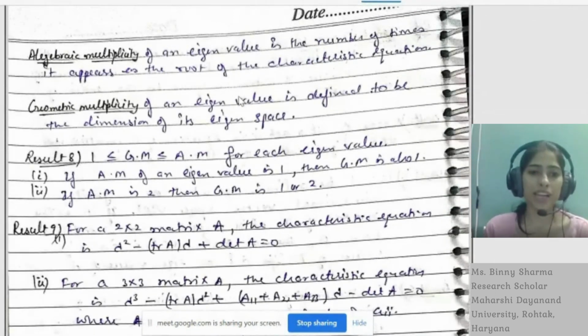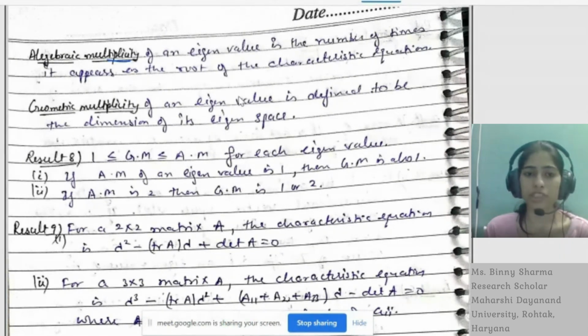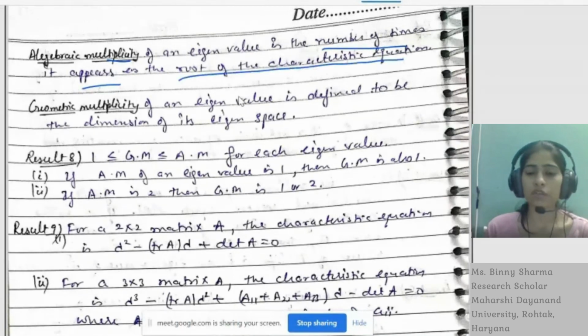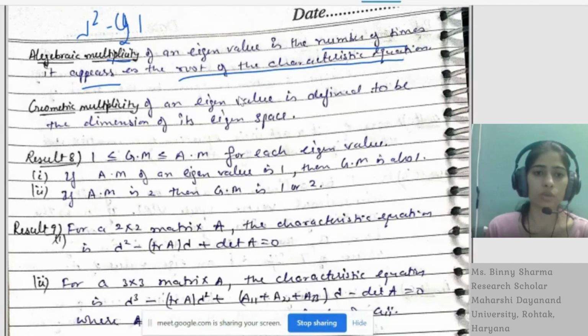Now the algebraic multiplicity. Algebraic multiplicity means how many times a root appears. The algebraic multiplicity of an eigenvalue is the number of times it appears as a root of the characteristic equation. Let lambda square minus 2 lambda plus 4 equals 0.